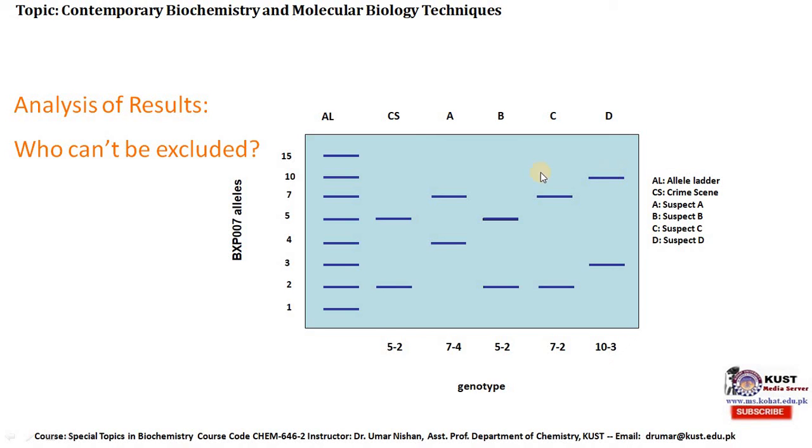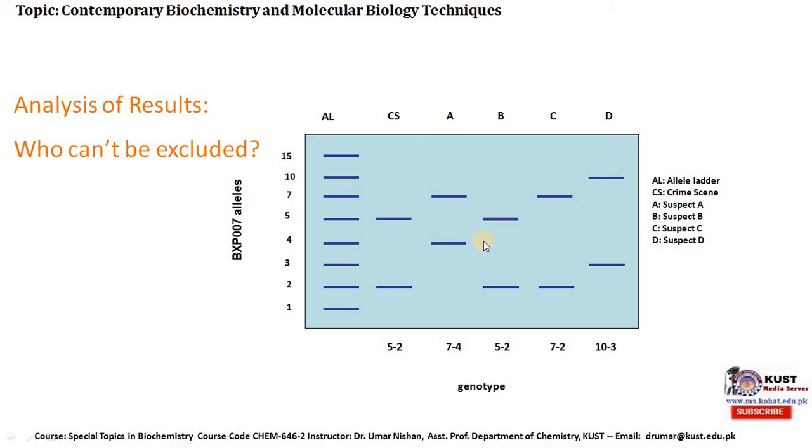The first one is the allele ladder. This is the ladder. This is the sample which was collected from the crime scene, CS. From the crime scene, we are getting these two bands, and these are suspect A, suspect B, suspect C, and suspect D. The DNA of suspect A gives us these two bands, suspect B gives these bands, and then suspect C, suspect D.